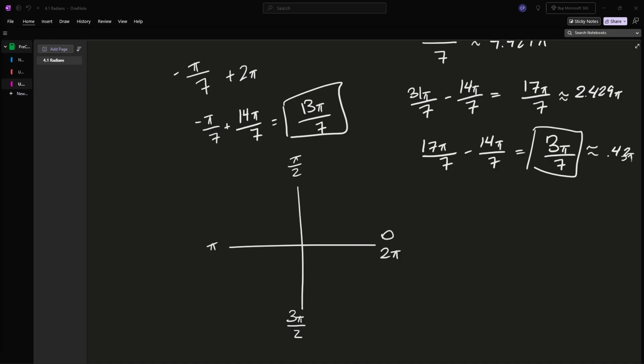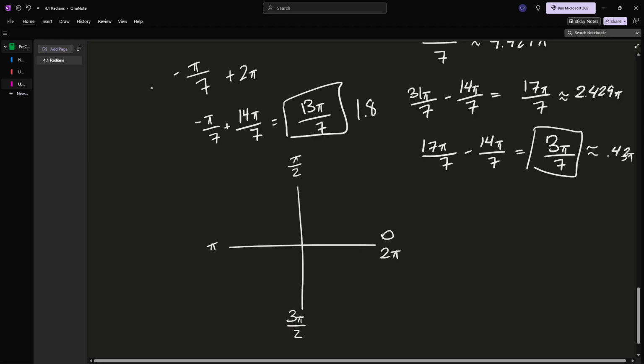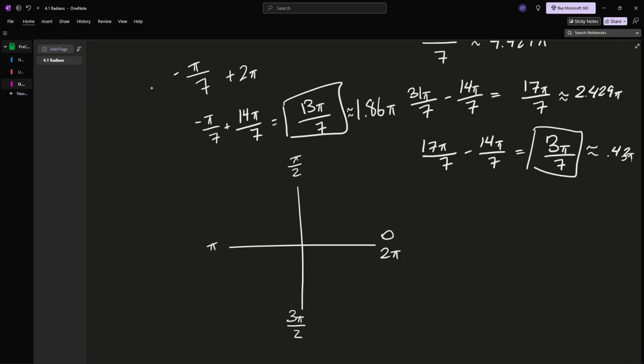This ends up being roughly 1.86 pi. If this is 0, this is pi over 2, or 1/2 pi. This is pi, or 1 pi. This is 3 pi over 2, or 1.5 pi. And this is 2 pi.